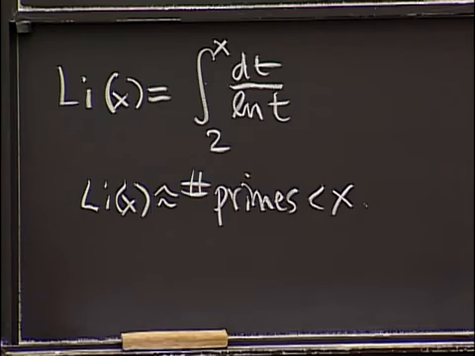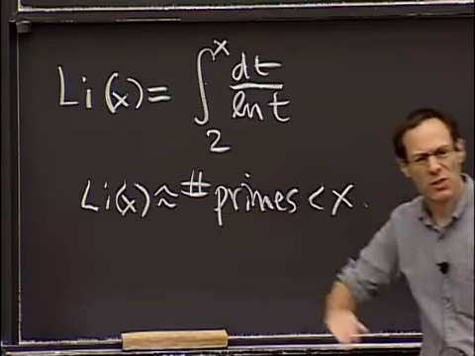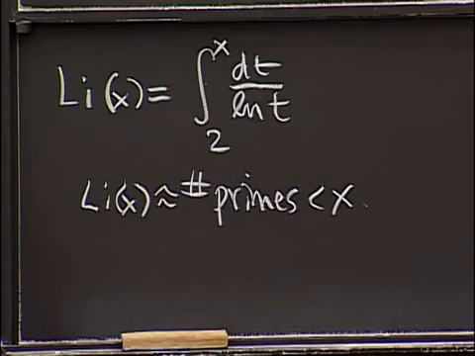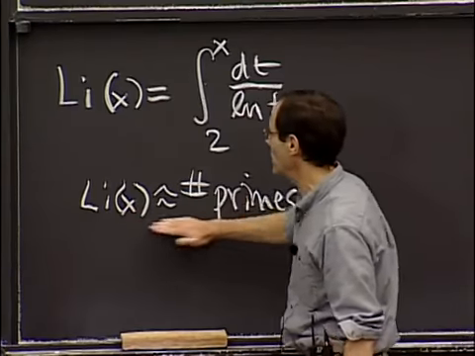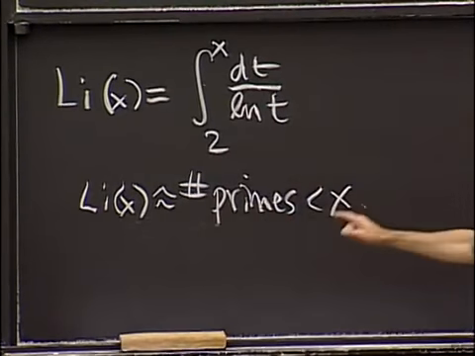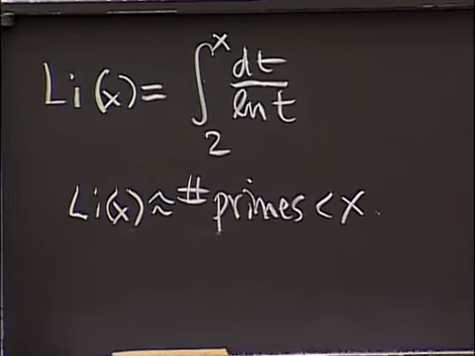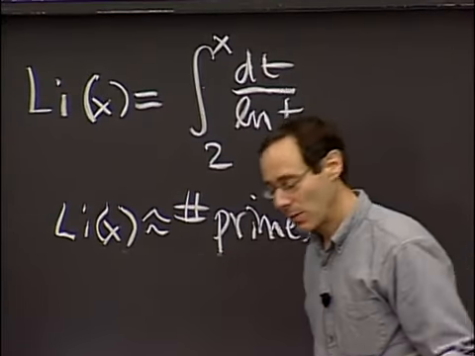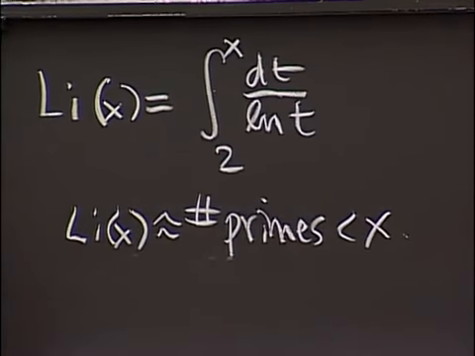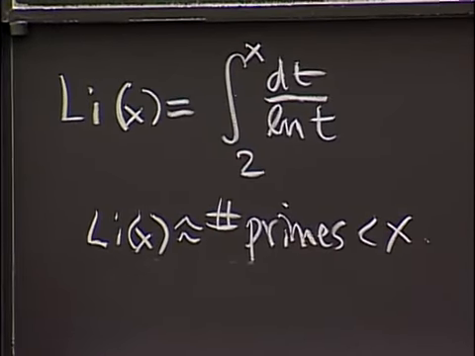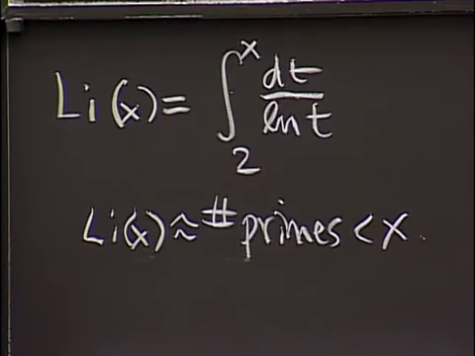And in fact, if you can make this as precise as possible, you will be famous for millennia, because this is known as the Riemann hypothesis, exactly how closely this approximation occurs. But it's a hard problem. And already a century ago, the prime number theorem, which established this connection, was extremely important progress in math.